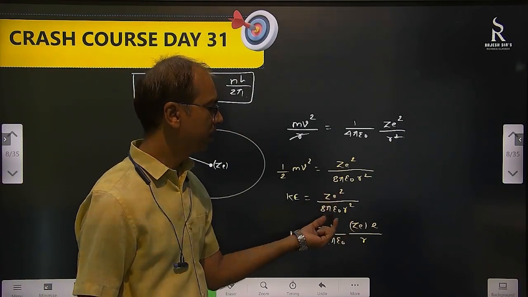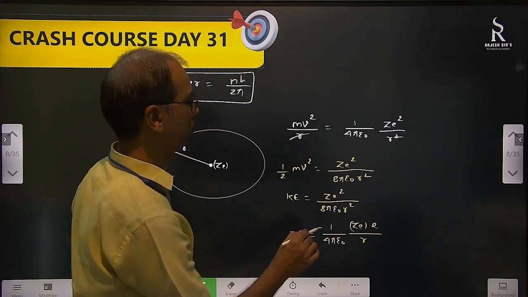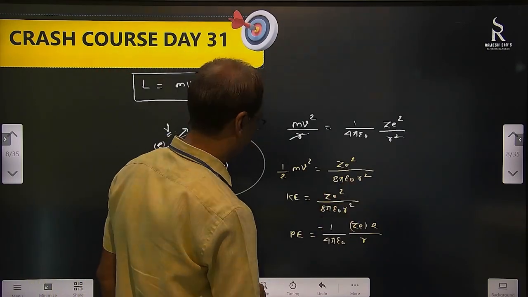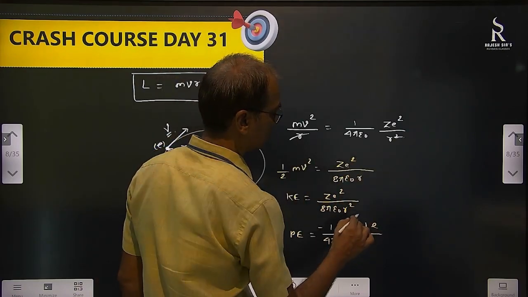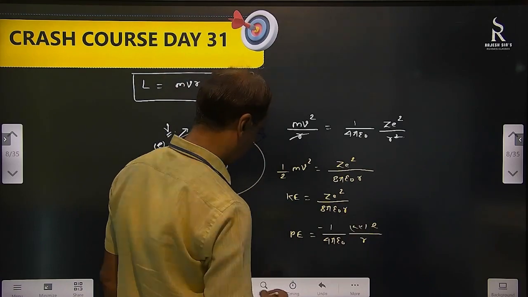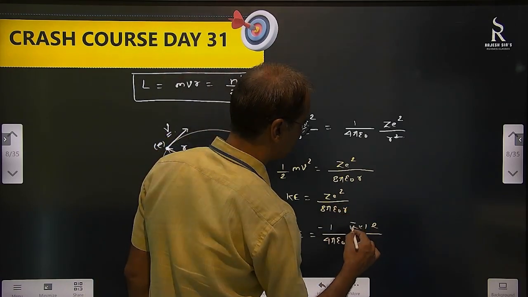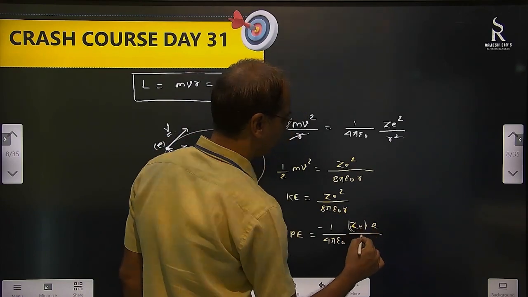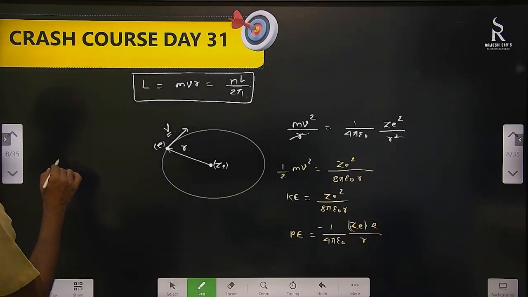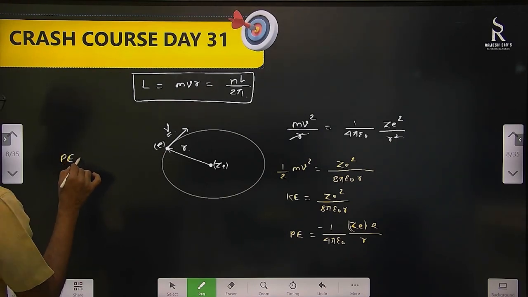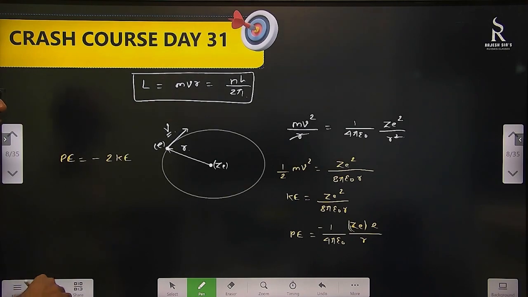Compared with Ze square by 8 pi epsilon naught r, the potential energy is double the kinetic energy in magnitude, or you can say it is minus 2 times the kinetic energy.